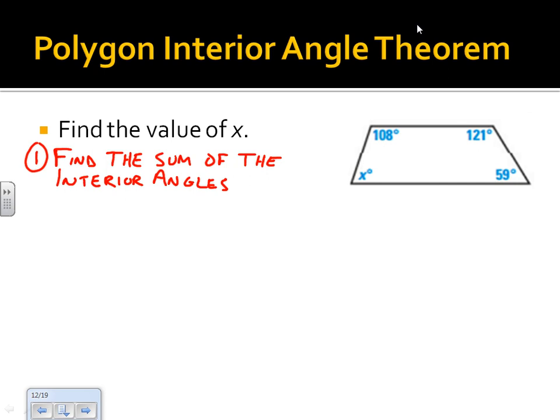And then step two is to solve for the missing angle z. There might be more than one. Solve for the missing angle z, because there might be more than one. Here we just have one. Okay?